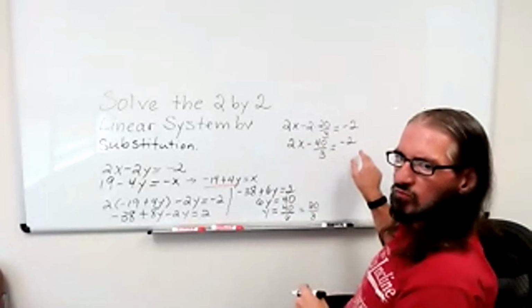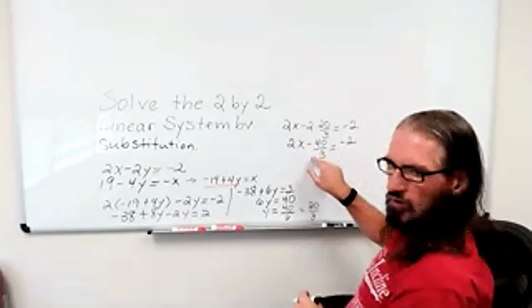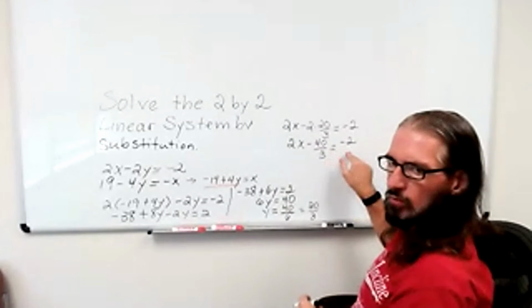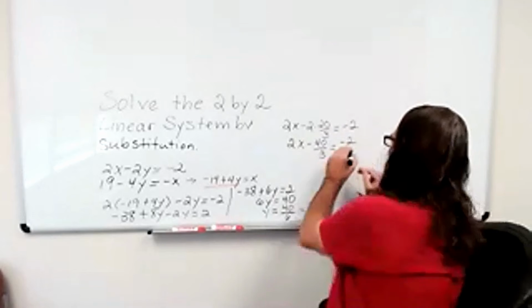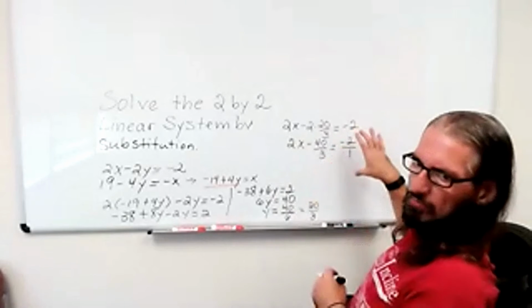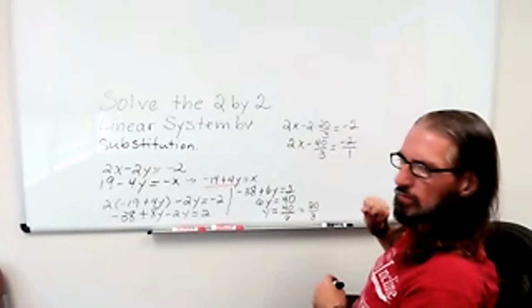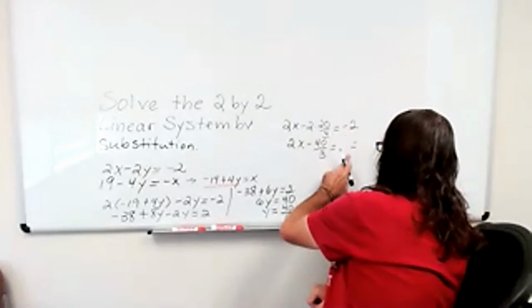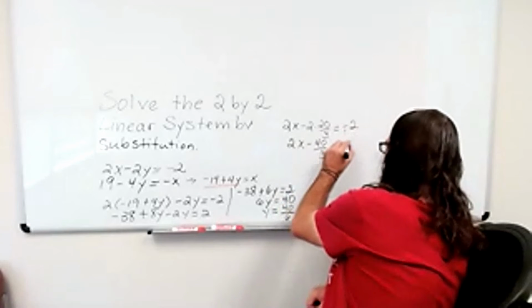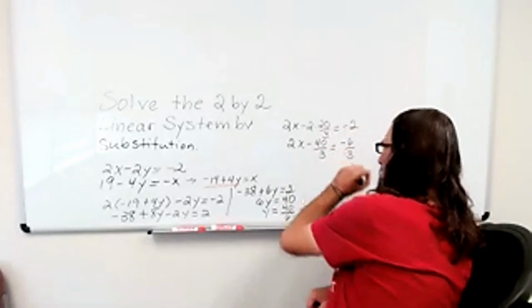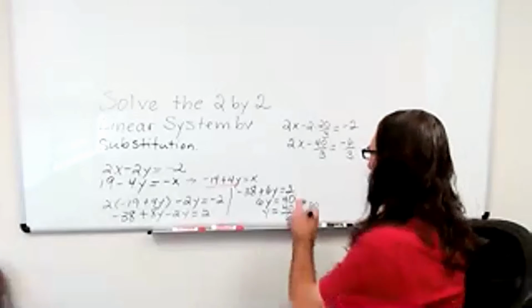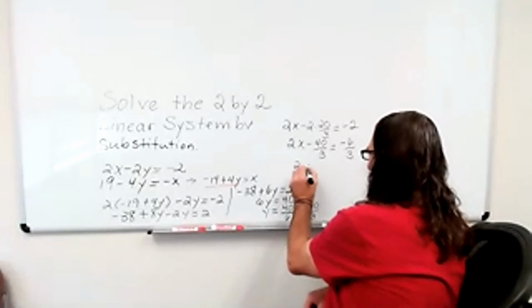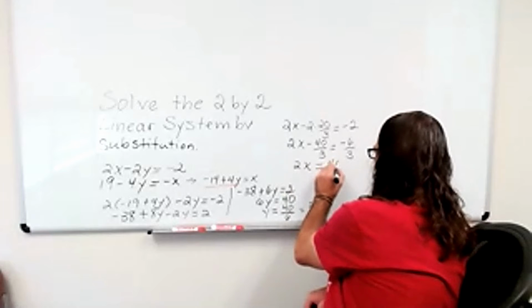Since I'm going to have to add 40/3 to -2, I'm going to rewrite -2 by multiplying top and bottom by 3. -6/3 is the same as -2. So add the 40/3.